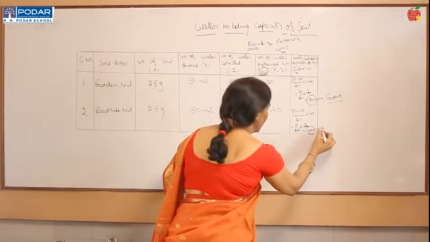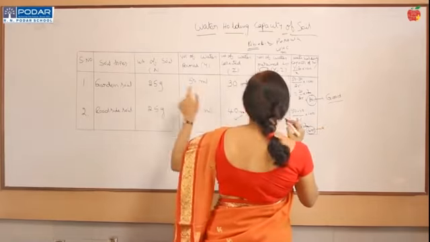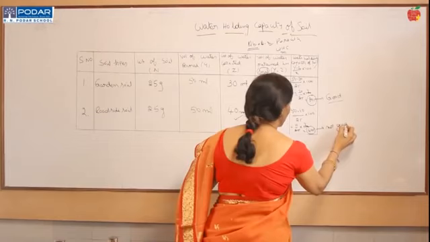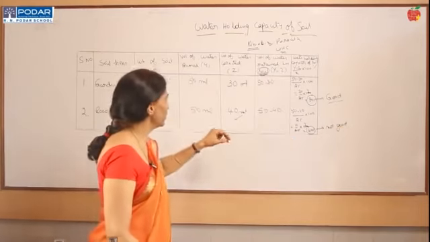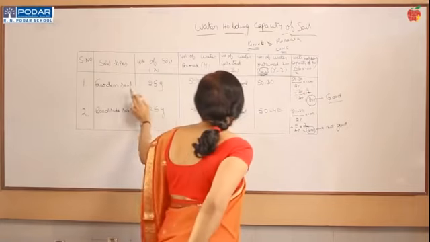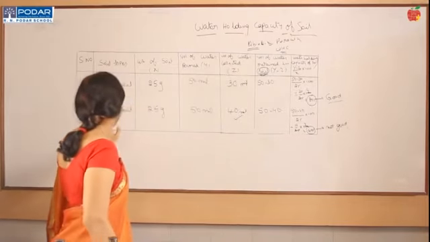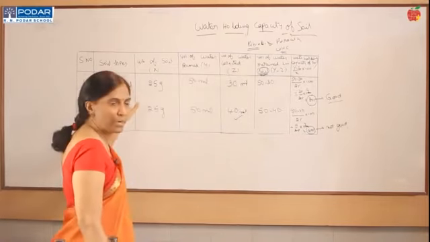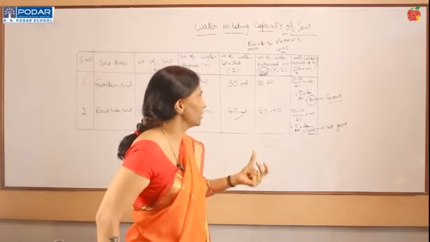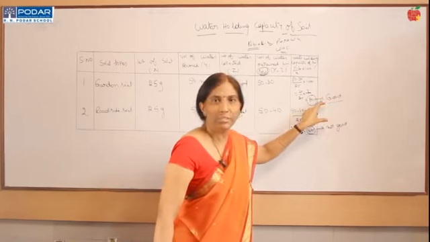This is comparatively lesser than garden soil, so this is not good for plant growth. The viva question will be: why is water holding capacity more in garden soil compared to roadside soil? Because of the organic matter or humus present in garden soil, which helps the soil hold more water. So, this is the best soil, hence it is proven now.